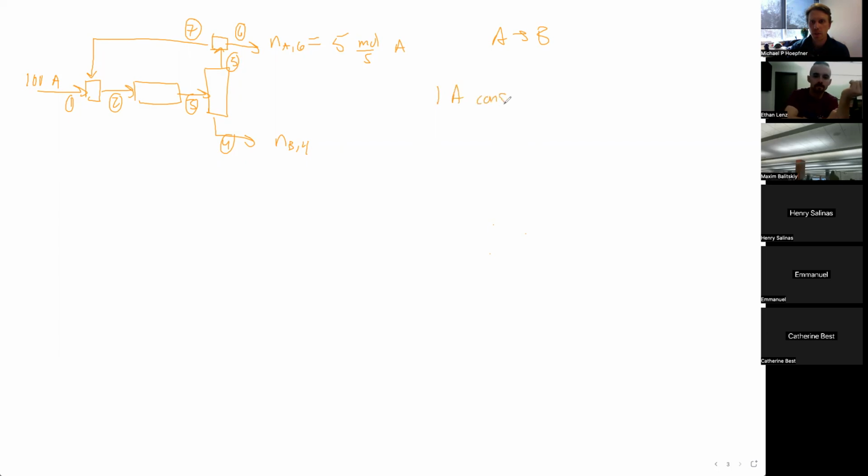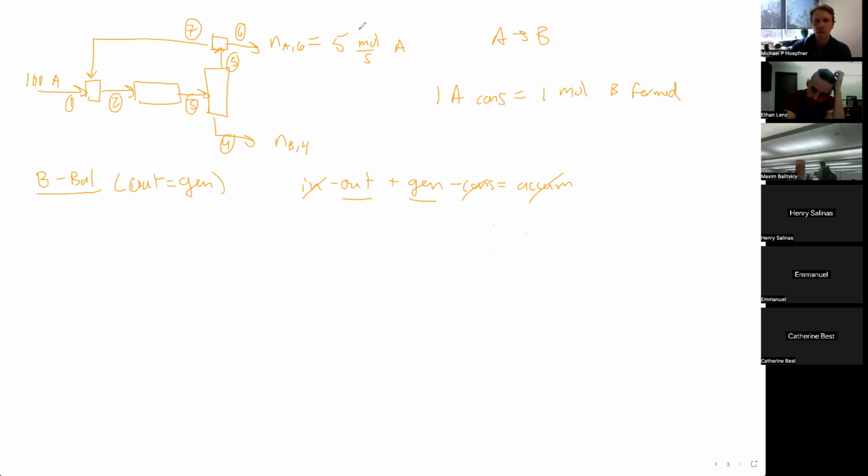1 mole of A consumed is equal to 1 mole of B formed. If we do a B balance, in minus out plus generation minus consumption equals accumulation. There's no accumulation, no consumption of B, and no feed of B, so out equals generation.